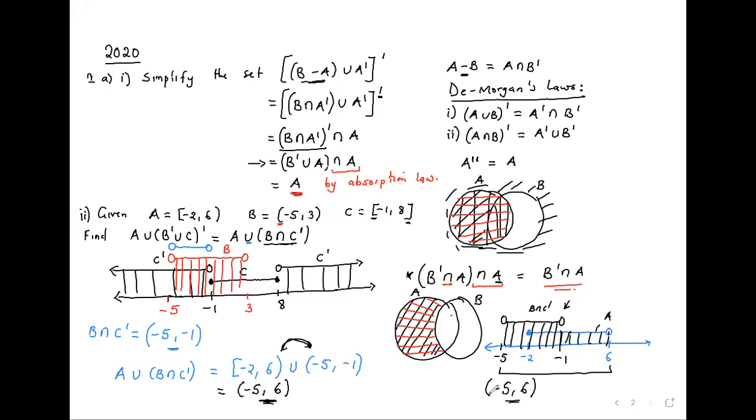So if at -5 it was closed and then at -2 it was open, do you still use the square bracket? What determines it to be open or closed once you get your answer?